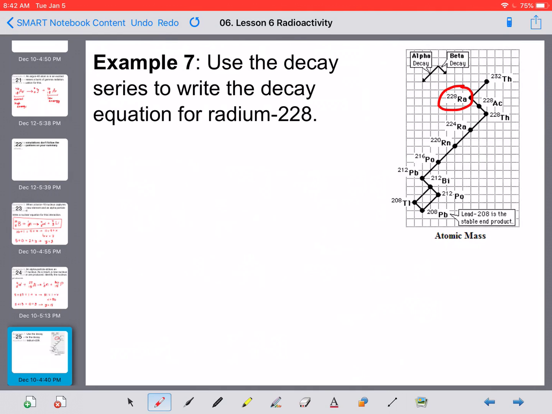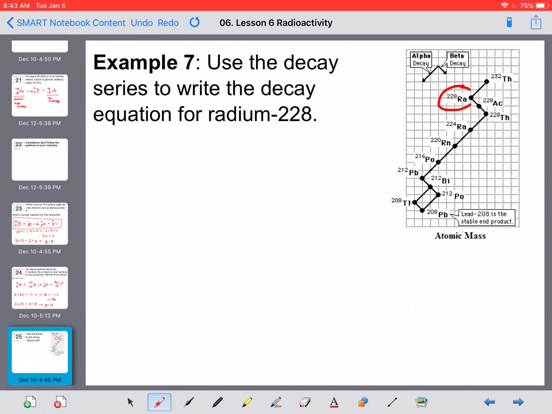If we follow radium along to the next dot, it's telling us either move down and to the left or move down and to the right. If we move down and to the right to the next dot, we end up at actinium-228. And because that's a short arrow, right? Notice here, the alpha decay arrow is longer and the beta decay arrow is shorter. Because it's a short arrow, we know that it's going to be a beta decay.